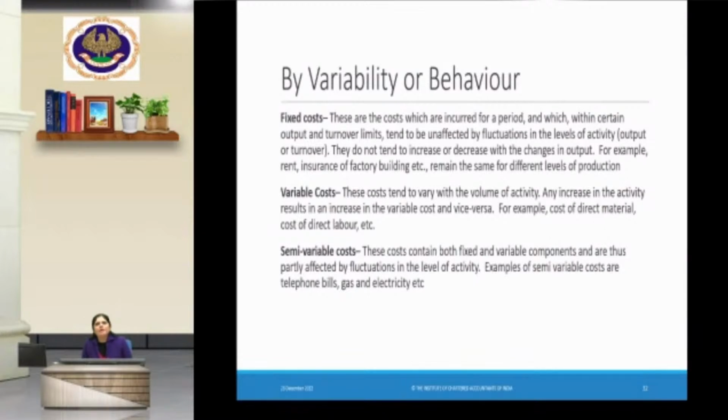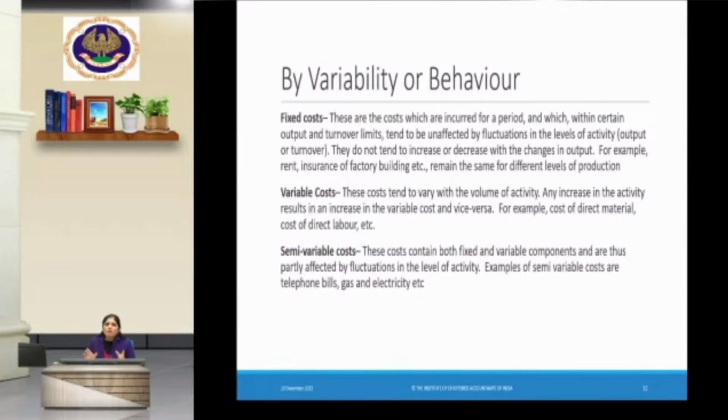You have to pay fixed cost. Variable cost changes with the production. And remember, prime cost or the direct costs, direct material, direct labor, direct expenses are always variable. All right. If you will manufacture a pen, only then direct cost will be incurred. Raw material will be incurred only when you manufacture a pen.